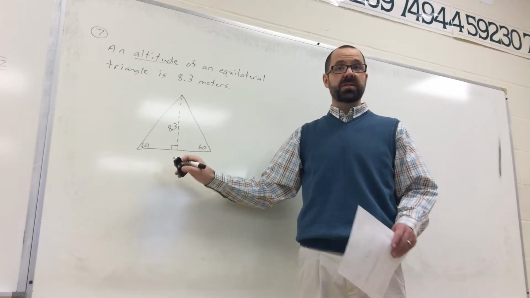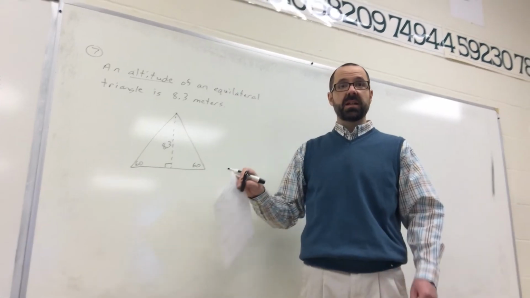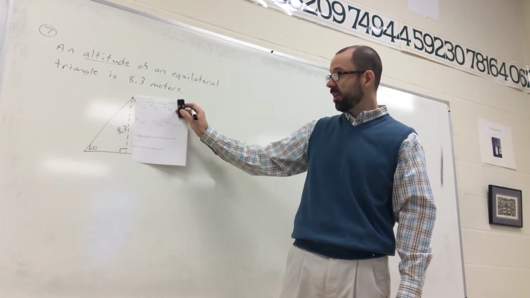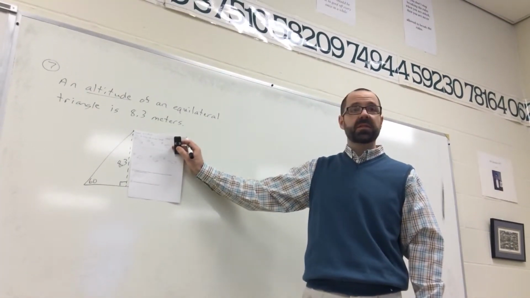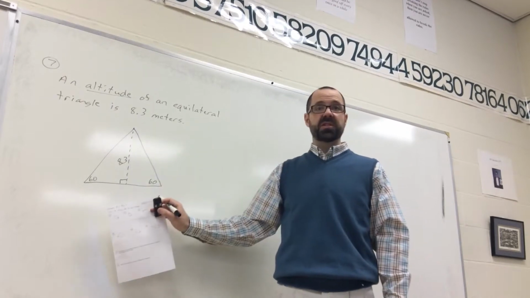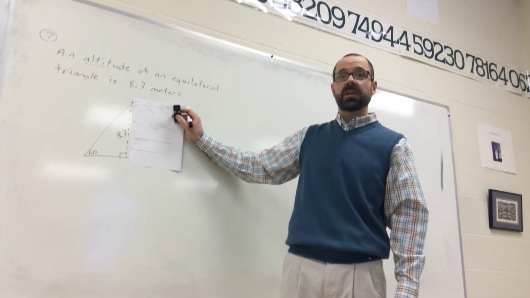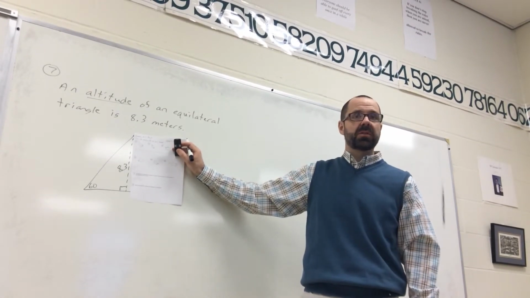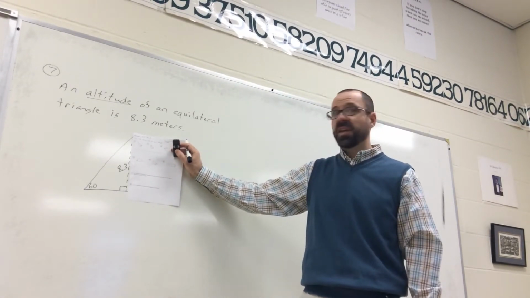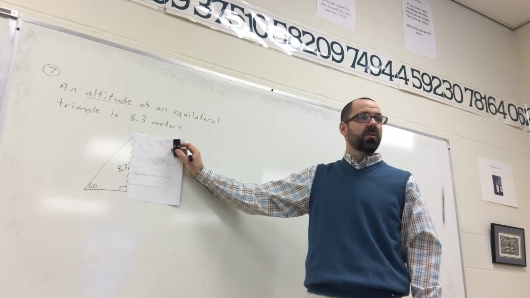Okay, now the reason this is coming up today is because now we have a smaller triangle over there on the left. There's 3 triangles in this picture. There's the large one, the equilateral. There's that one, and then there's the other one that I'm covering up. Okay, so now let's focus on that smaller triangle. What kind of a triangle is that?